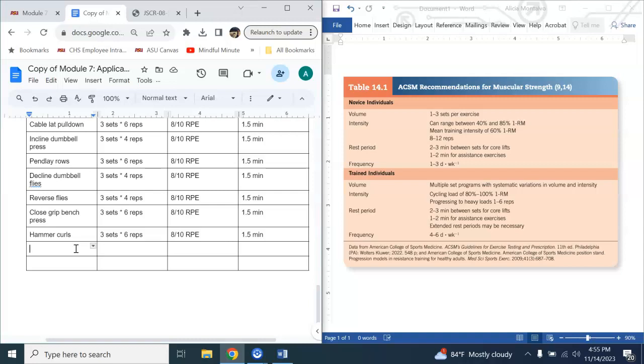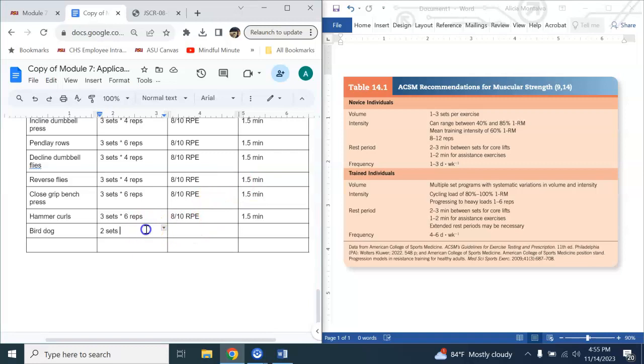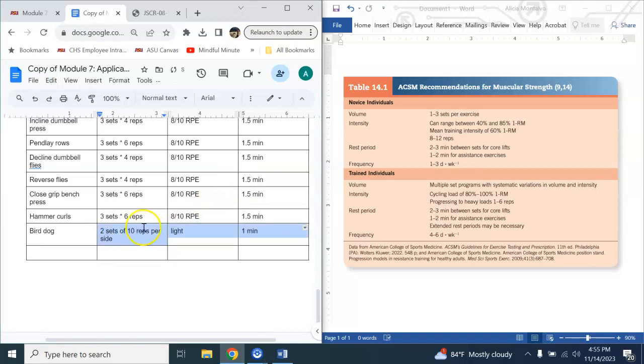So let's do bird dog here. 2 sets times 10. I think that's what I put up here, so I'm just going to copy this. And then maybe I finish it off with some Superman. Get that back. 2 sets.